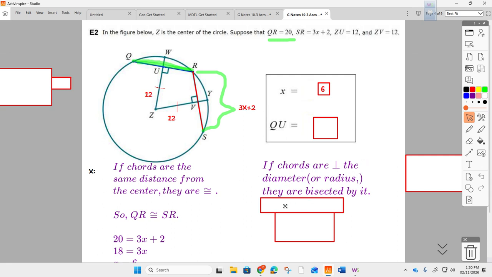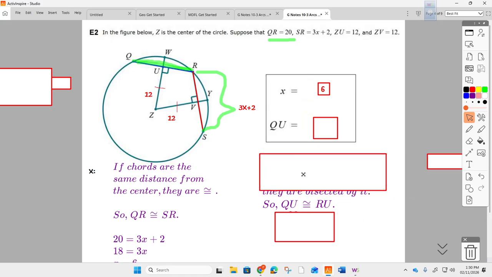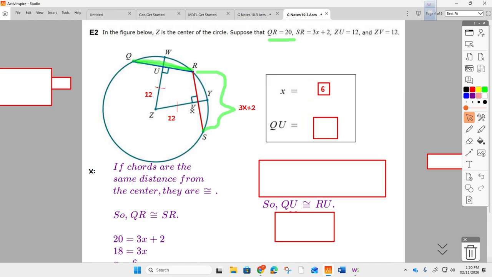So now you can write this part. We know QR is congruent to RU because it's bisected by that radius. And now we know, just take the 20, because QR is 20. We know RS is 20 as well, but QR is 20. We want to know how long QU is. It's 10.